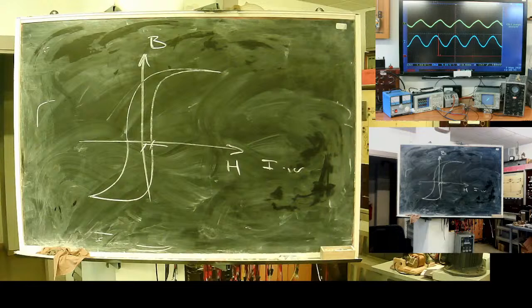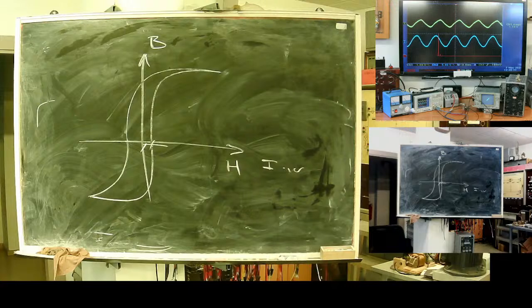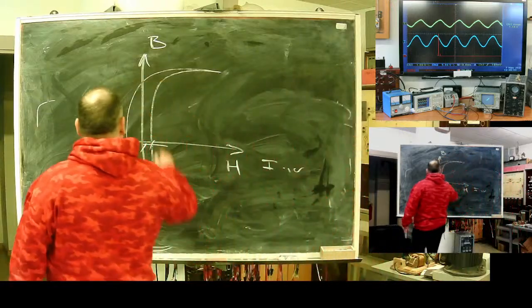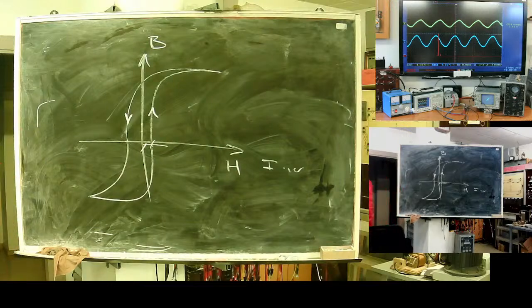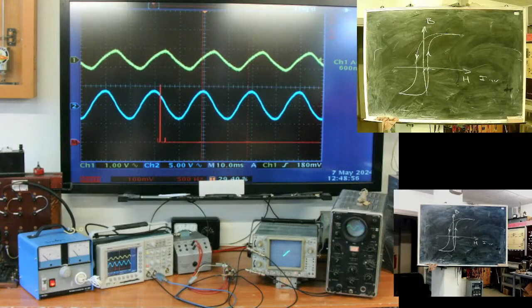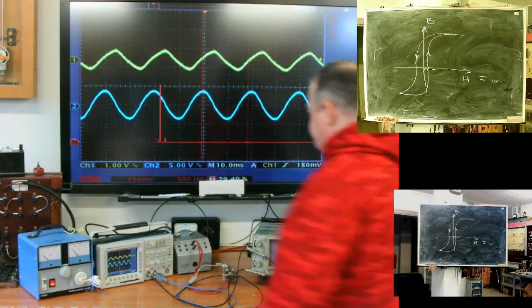If you analyze how they react to a magnet, when you try to magnetize them, you will get something like this. It's a hysteresis loop. Up, down.